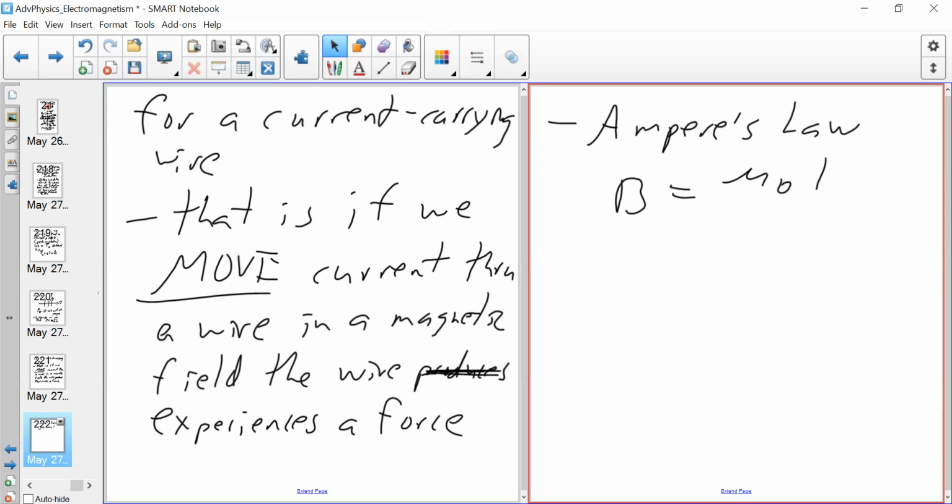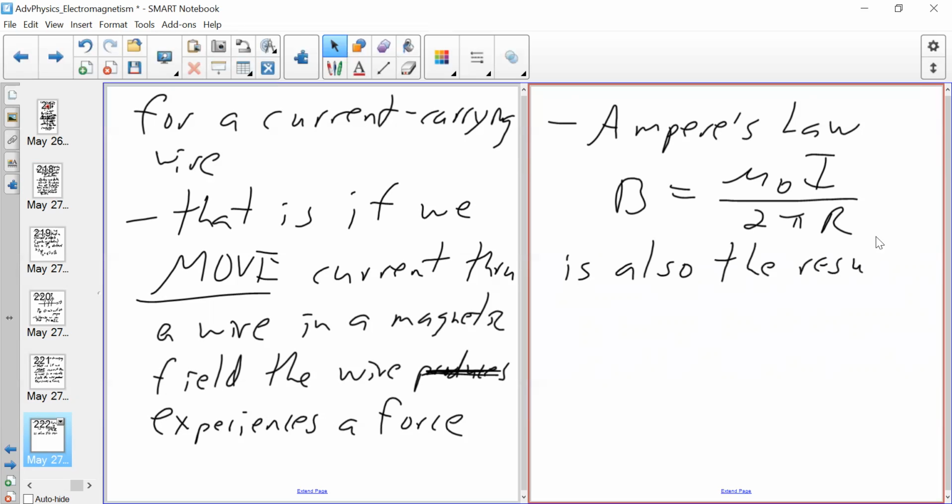And that's given by mu naught I over 2 pi R. This is also the result of moving current through a wire to produce a magnetic field. So far, we've been moving currents through a wire against a force. This time we'll see that moving current through a wire produces a field.